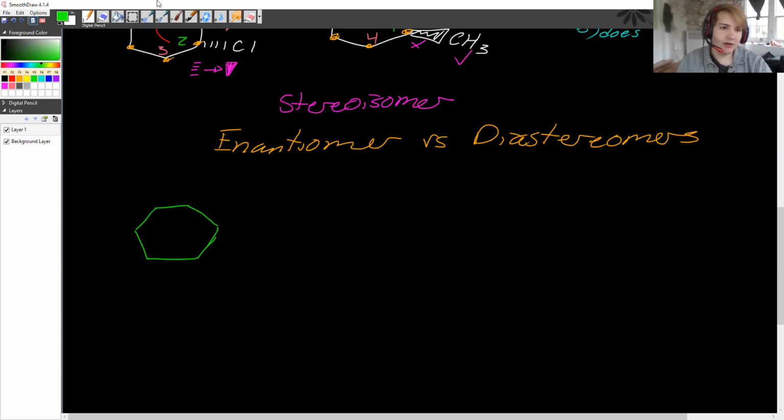Cyclohexane looks terrible though. Let's say that we're comparing these two molecules.